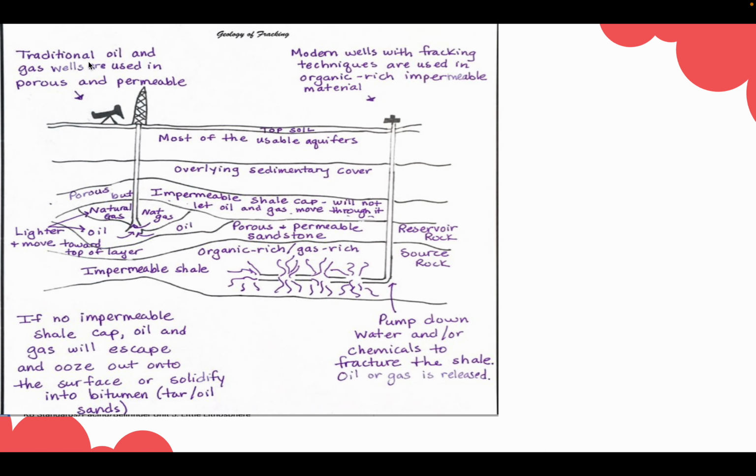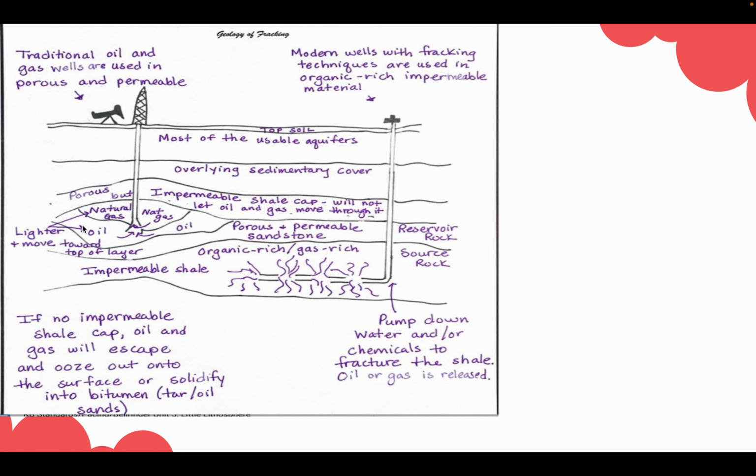All right. So here's what I need you to remember from this, what I need you to take away: a lot of oil and natural gas drilling operations will have to go through aquifers. They will have to drill through those, which is a point where it can potentially become contaminated.